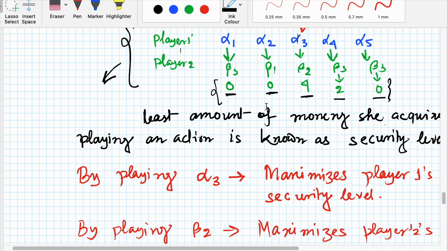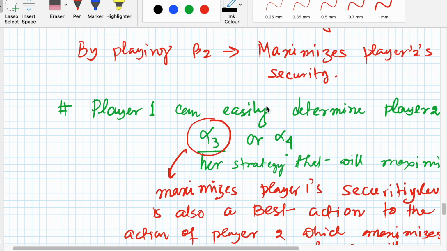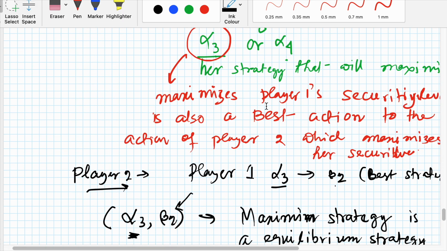Now if both players are maximizing their security level, then they will reach an equilibrium, and that equilibrium is where both are adopting the maximin strategy, a strategy which maximizes their security level.